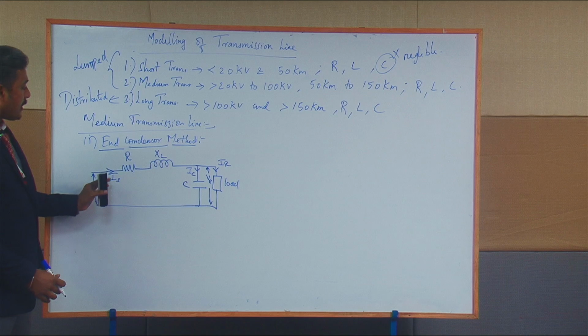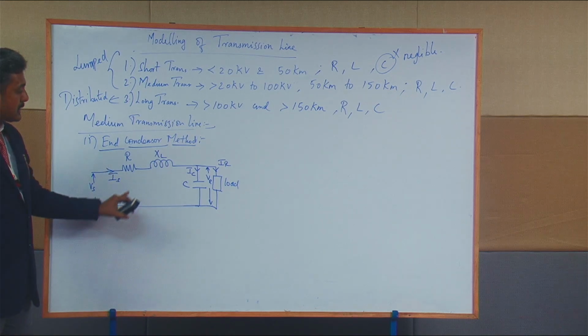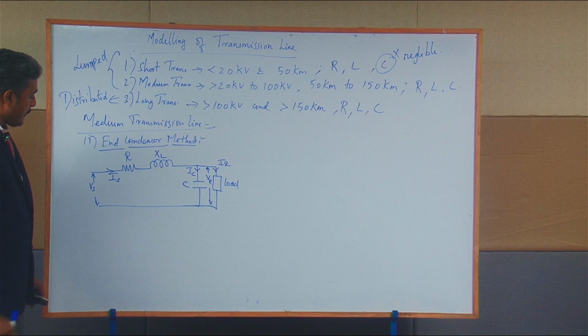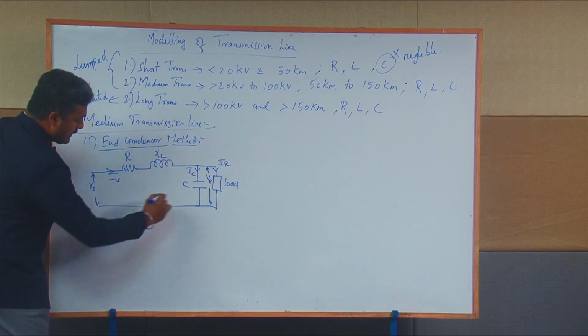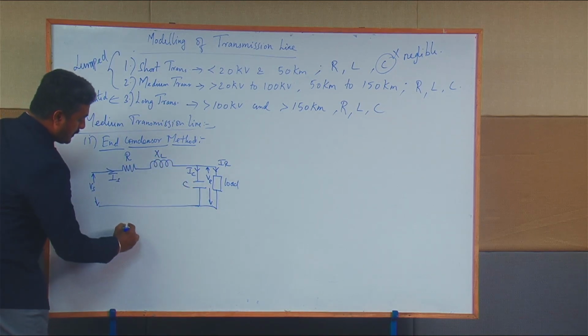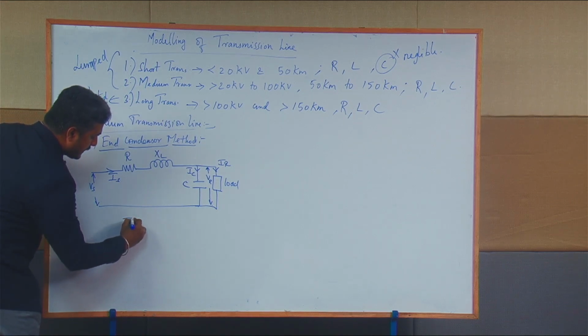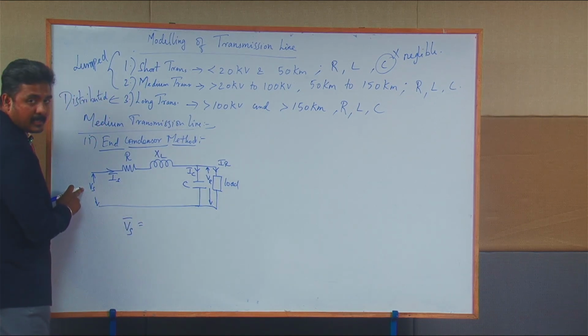Okay. Now you are going to draw the phasor diagram for this end condenser method. See here, first take a KVL for this loop. If you are going to draw the phasor diagram, you have to write all those values in a vector format.